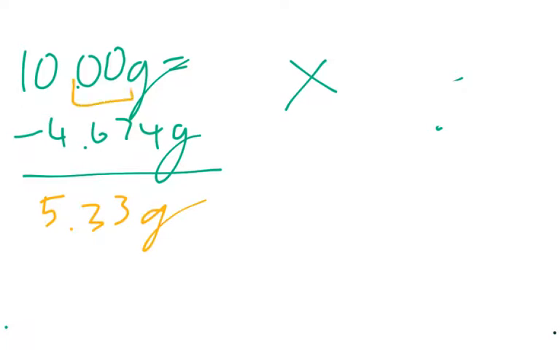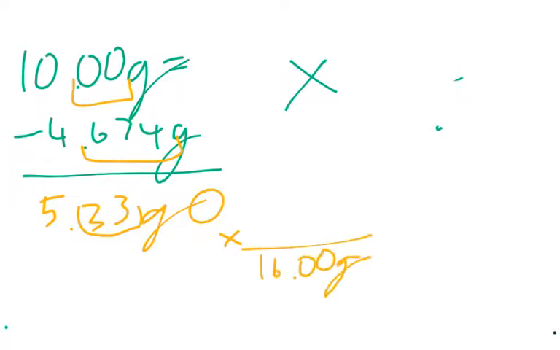And notice how there are 2 decimal places and 3 decimal places, so our final answer will have 2 decimal places. So now let's find the moles of oxygen from the grams of oxygen. So let's just multiply by the molar mass of oxygen. So the molar mass of oxygen is 16.00 grams per mole.